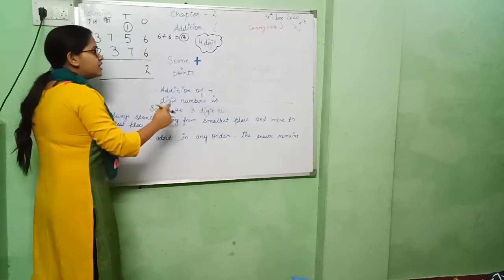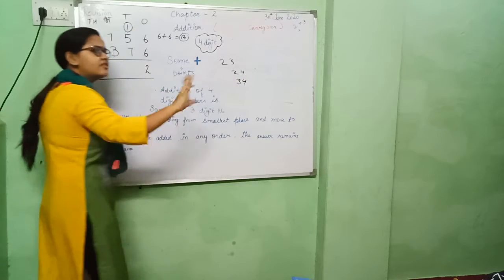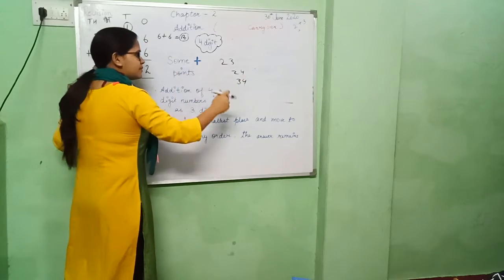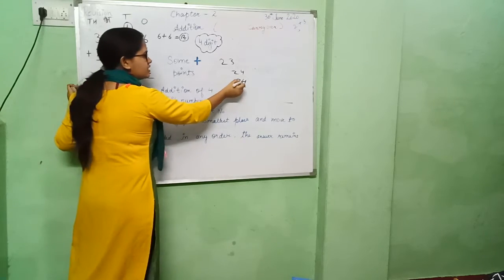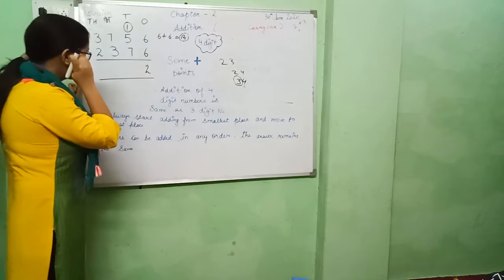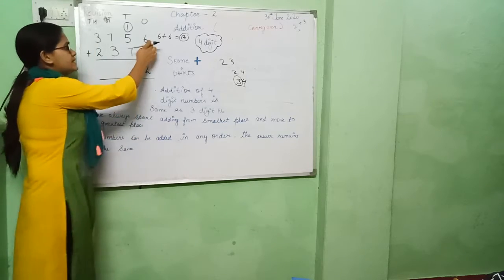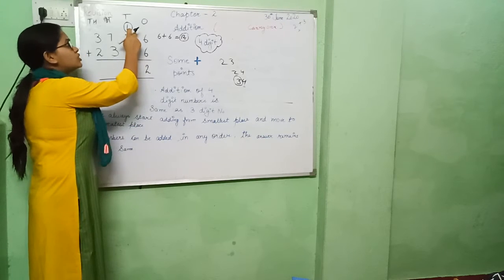Always remember, if there is 23, 24, 34, whatever the number is, always remember this one goes here, and yes, tens go to the upper section, which means they carry to the other number. So see, 6 and 6 become 12, and we will take 2 here and 1 goes as a carry to tens.